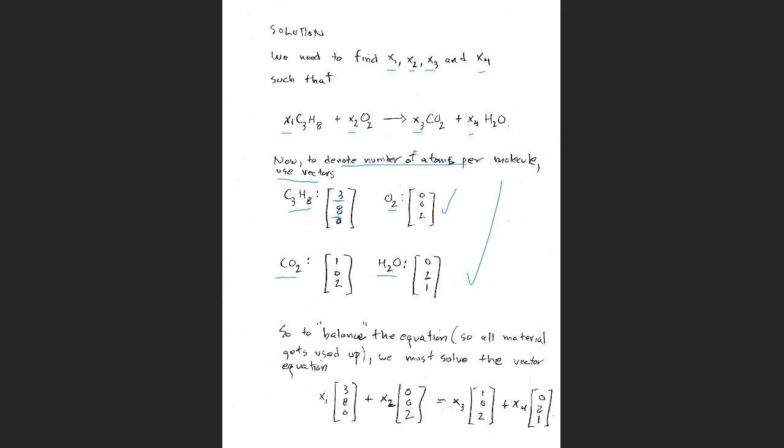And the third component in the vector would represent the number of what atoms? Oxygen. Good. So are we okay with these four vectors here? Are there any questions, and why each of these vectors represents its corresponding molecule?